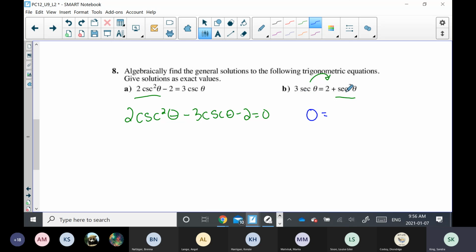And I always want to write in descending order, so I want to put this first. So it's going to be secant squared theta. I'm going to subtract 3 secant from both sides. So I'll put that next: minus 3 secant of theta. And then I've got that. This is a positive 2. This would be a PSA 1 question.